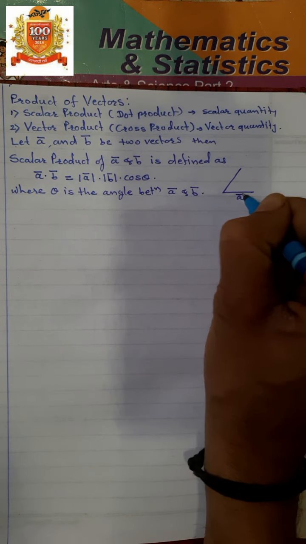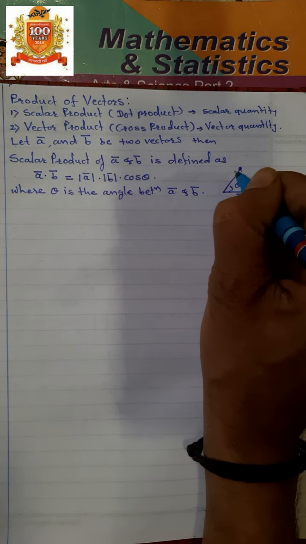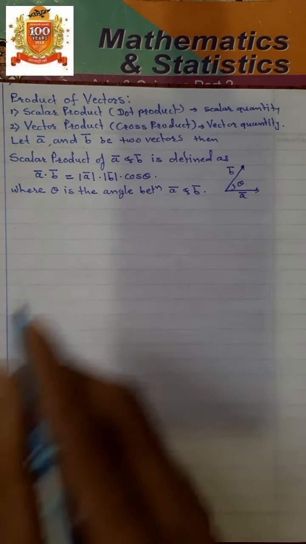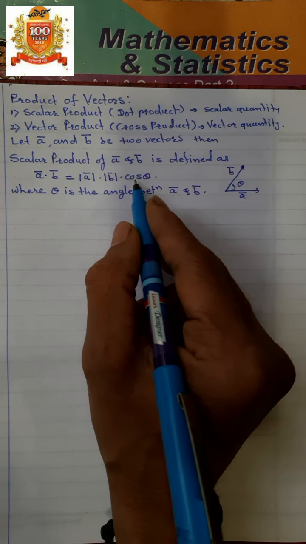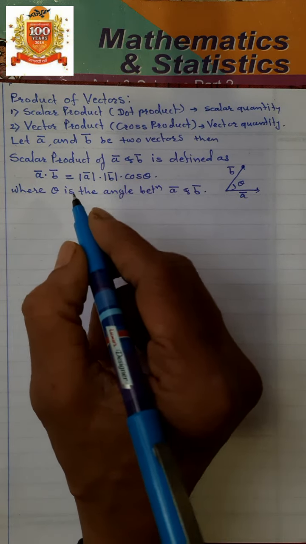Suppose this is A bar, this is angle theta, this is vector B bar. In this way, therefore A bar dot B bar is equal to mod of A bar into mod of B bar into cos theta. This is the angle between two vectors, isn't it?